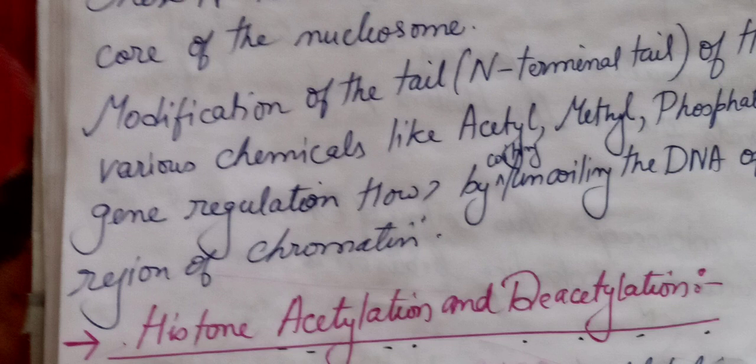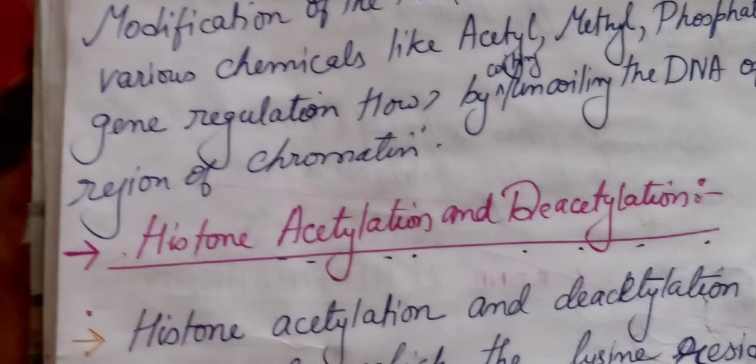Now we will talk about some specific groups which cause this uncoiling or coiling of the histone protein, so that the nucleosome gets unwound, the DNA gets unwound from the nucleosome and carries out the expression, or it will rewind. Regulation means two things: you have to unwind that particular region, or no, we don't want that protein to be formed.